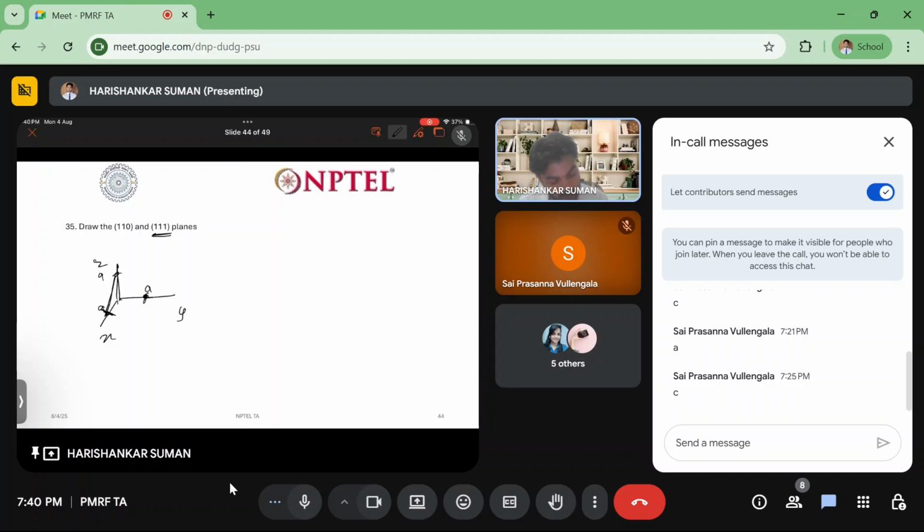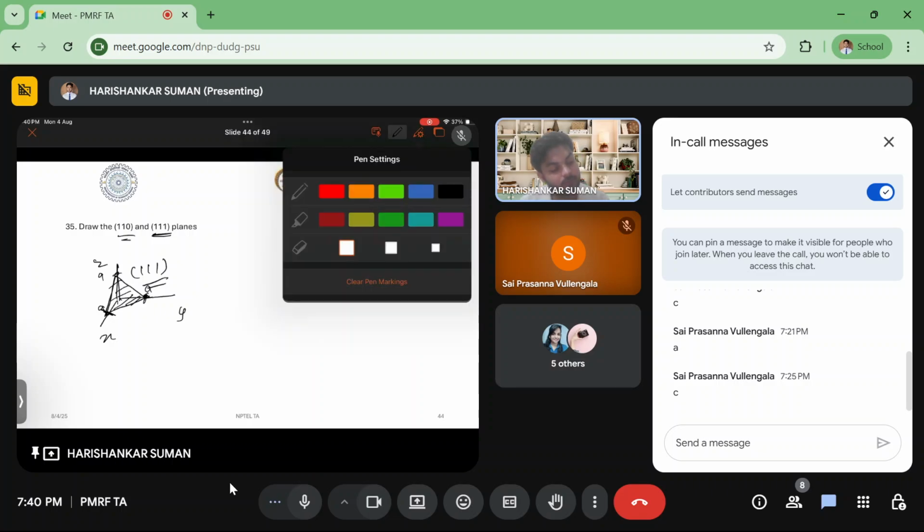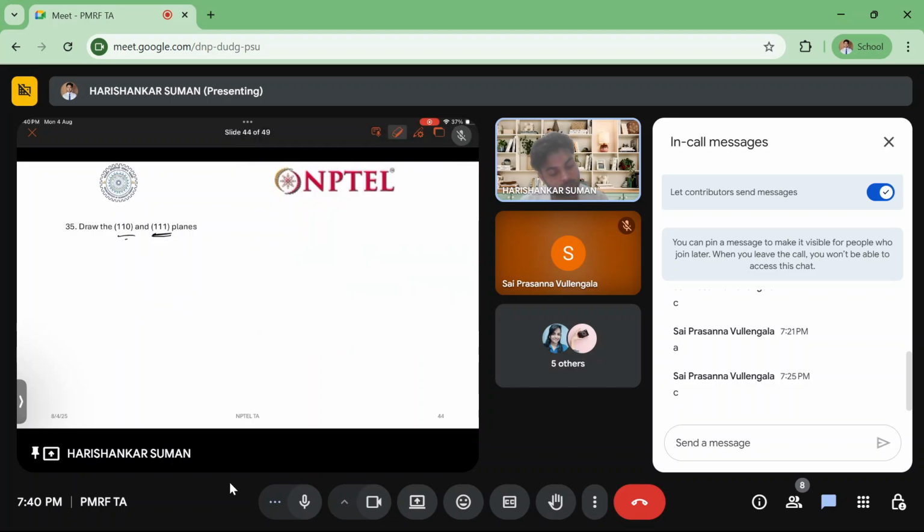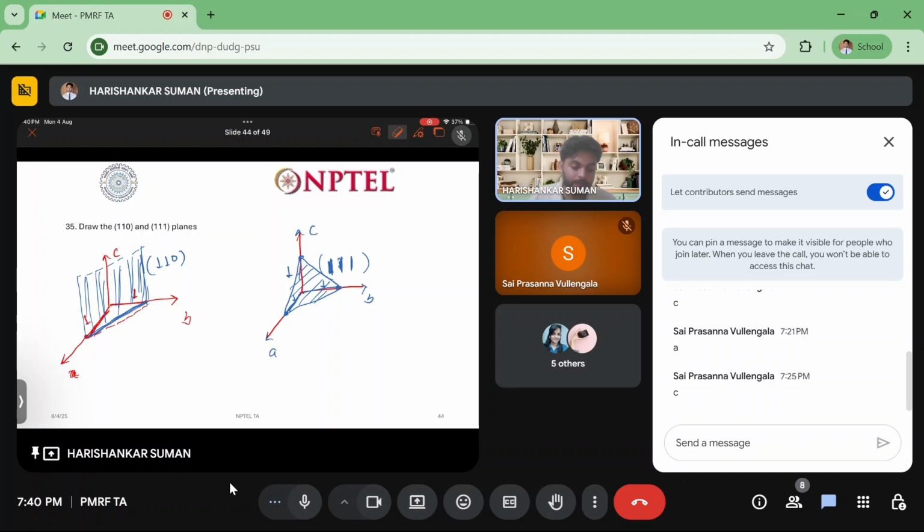Please join these. So this is the 111. Similarly, you can draw. So please see, 1 on the x-axis, 1 on the y-axis also, and z at 0 means cutting at infinity.